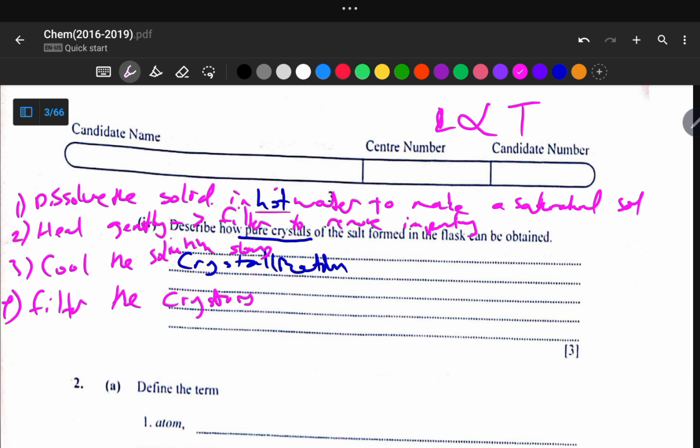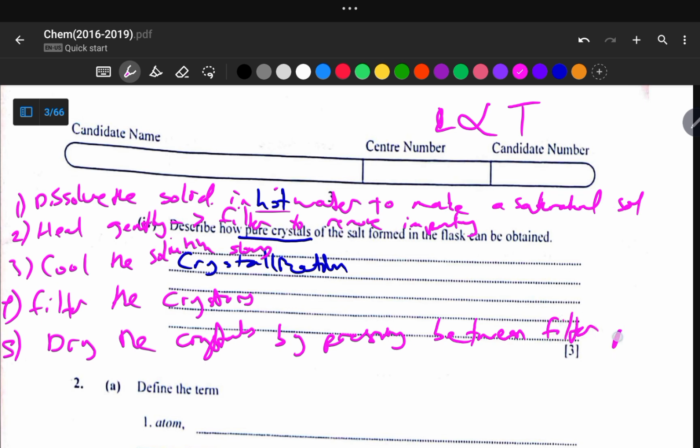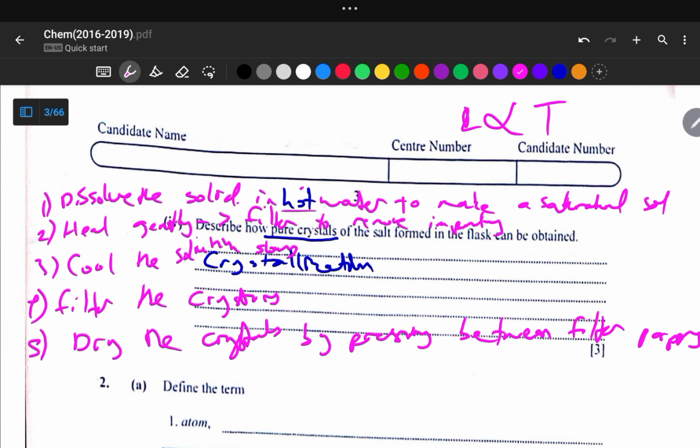We are going to filter the crystals to remove our remaining liquid, and then on the last step, step number 5, we are going to dry the crystals by pressing them between the filter papers, right? So filter paper, it is a drying agent, right? Filter papers, or placing them in a warm oven, right? So that's the method of crystallization. So you should know the general overview, like to outline the method of crystallization.